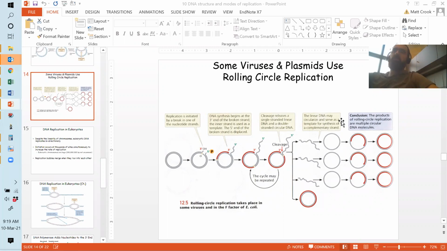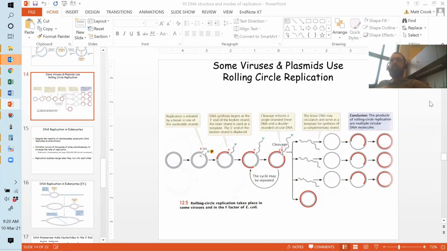If you're a virus, the aim of the game is to basically replicate and generate more virus particles as quickly as possible before the cell dies or the host immune response, if it's in a host that has an immune response, discovers you're there and kills the cell before you finish, right? So the aim of the game here is being fast.